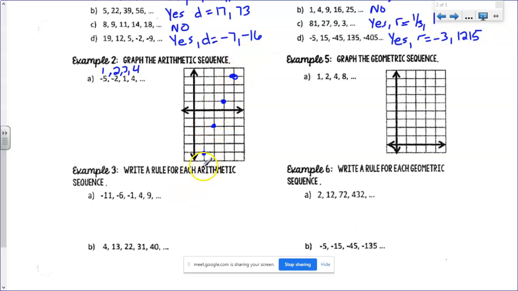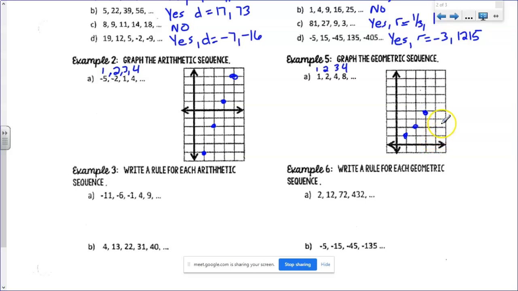What kind of function would this be if I connected the dots? Would it be linear, quadratic, or exponential? Linear. It's making a straight line. Here we have 1, 2, 3, 4. So at 1 is at 1. 2 is at 2. 3 is at 4.